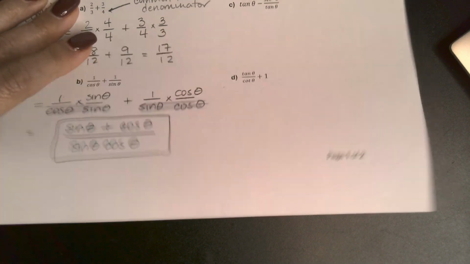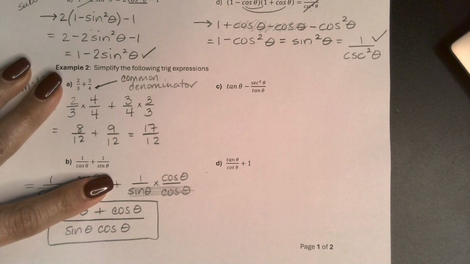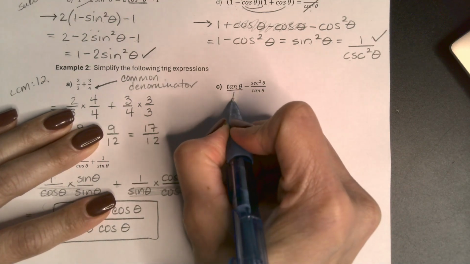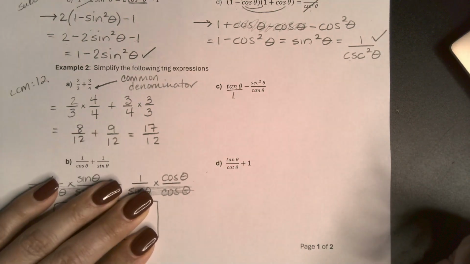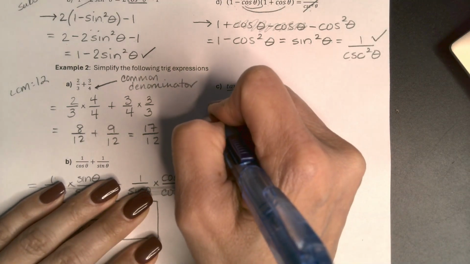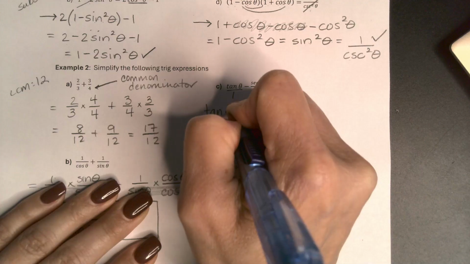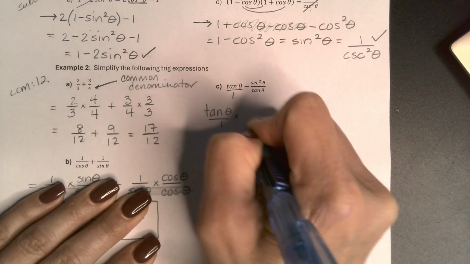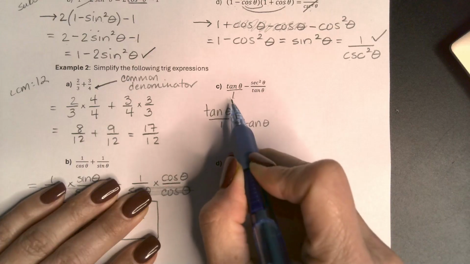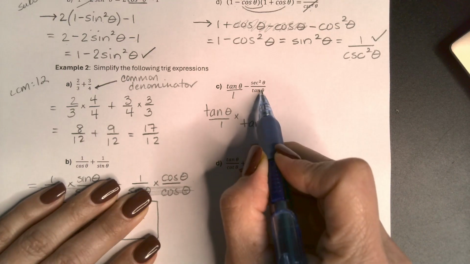Second to last one. Let's move on over here. So let's put a placeholder here under tan theta. So again, not the same, right? So I am going to take this tangent theta over 1, multiply by tangent. Why? Because I want my denominator here, the number 1, to match this one.